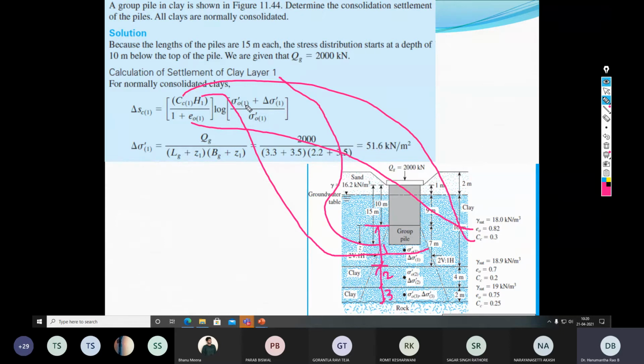If you recall the philosophy of soil mechanics, sigma naught means the initial effective overburden pressure at the middle of clay layer 1 from the top surface. So can anybody tell me what sigma naught dash is here?